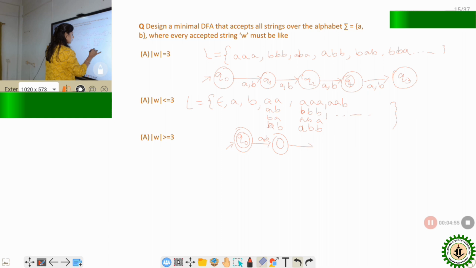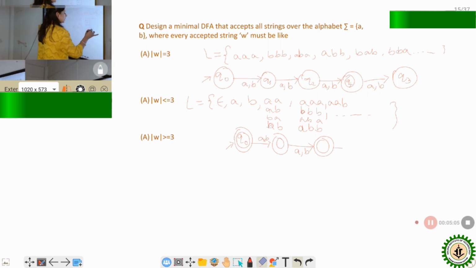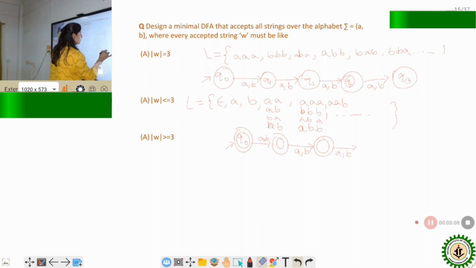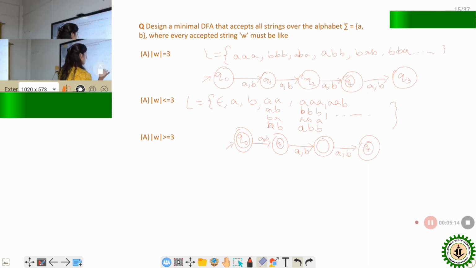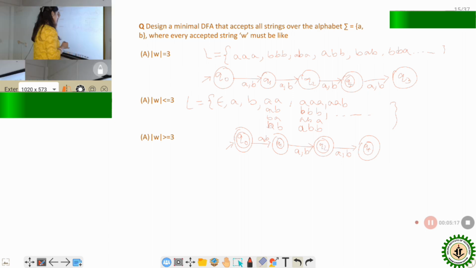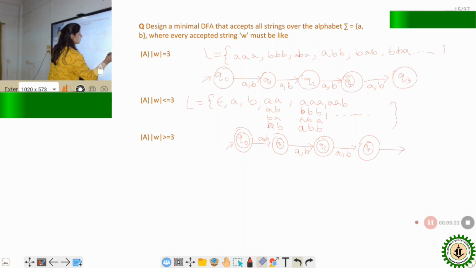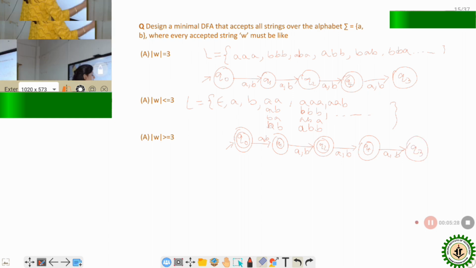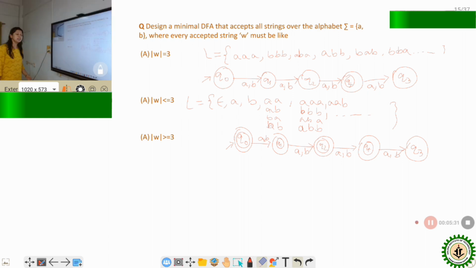Again, if the length of the string is 2, it will be accepted. And again, if the length of the string is 3, it will be accepted. And if the length of the string is greater than 3, then it will go to the rejected state, where Q3 is our rejected state. So that's it.